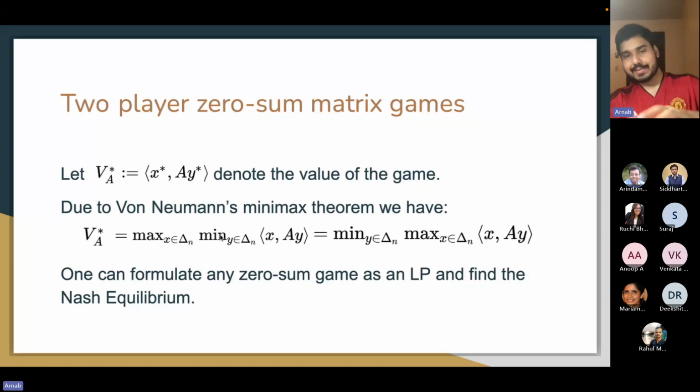This minimax theorem in some sense shows that there exists a pair X star, Y star which is a Nash equilibrium, and the equilibrium value of the game would be this V_A star, which is the value you get after you solve this optimization problem. One can easily observe that you can take any zero-sum game and, using this minimax theorem, formulate it as a linear program and compute the Nash equilibrium. This is very well studied.